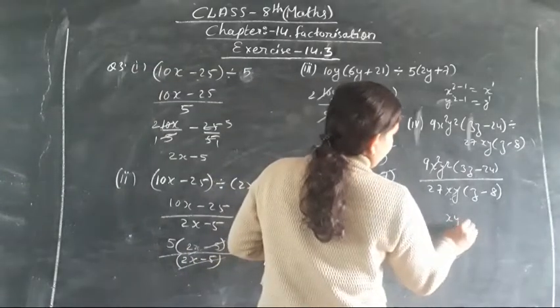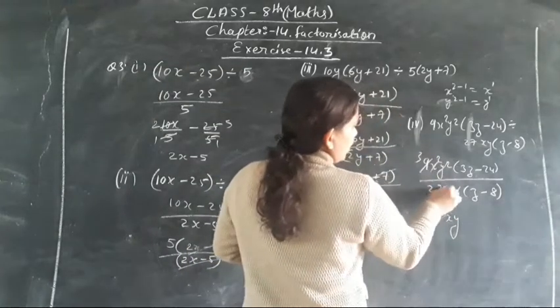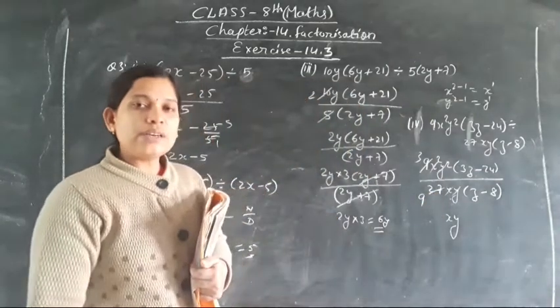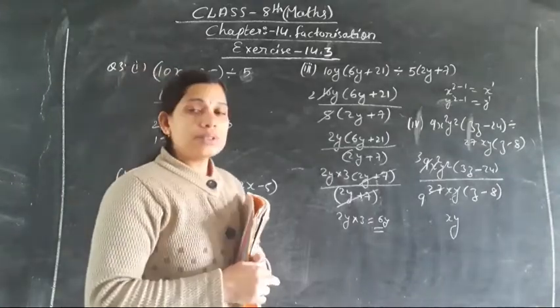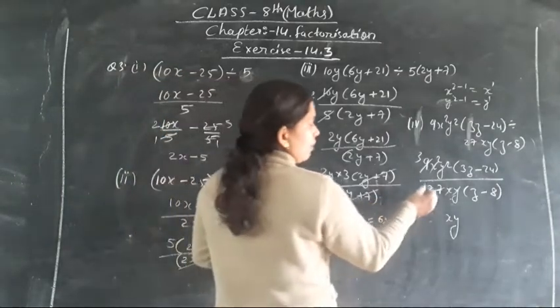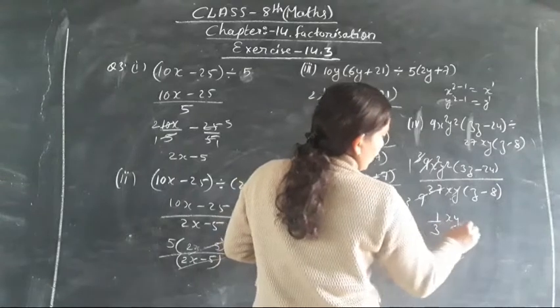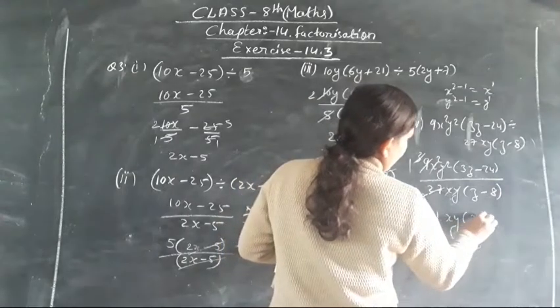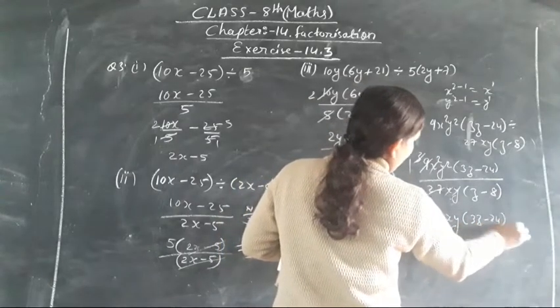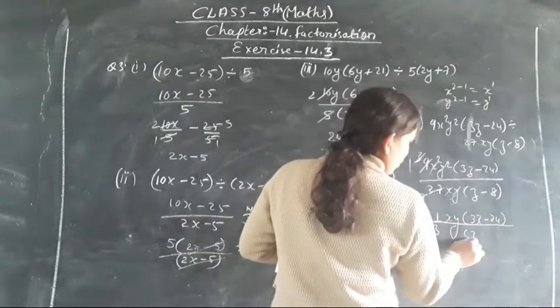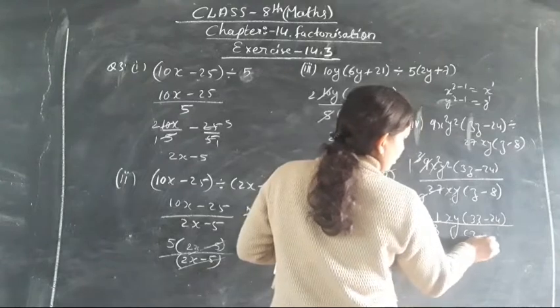Here 3's are, here 9's are. In the table of 3, 9 comes 3 times, and in the table of 3, 27 comes 9 times. So again it will get cancelled. So what is left? 1 upon 3 into 3z minus 24 upon 3 into z minus 8.